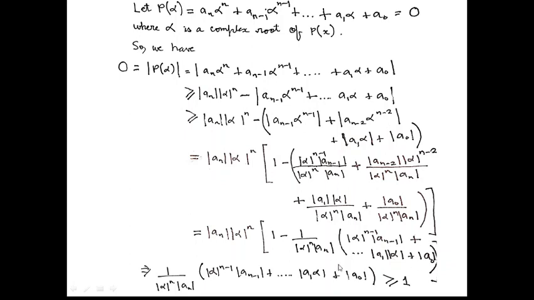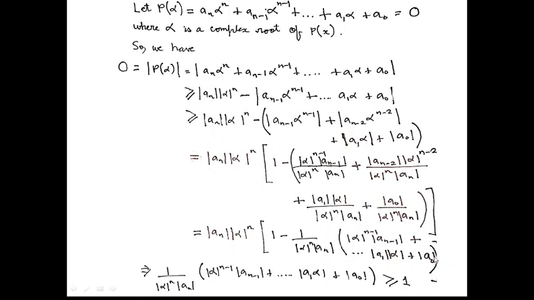This implies that now this a_n is greater than 0, alpha^n is greater than 0, and 0 is greater than or equal to this. So 0 must be greater than or equal to 1 minus this term, so 1 is smaller than or equal to this term.